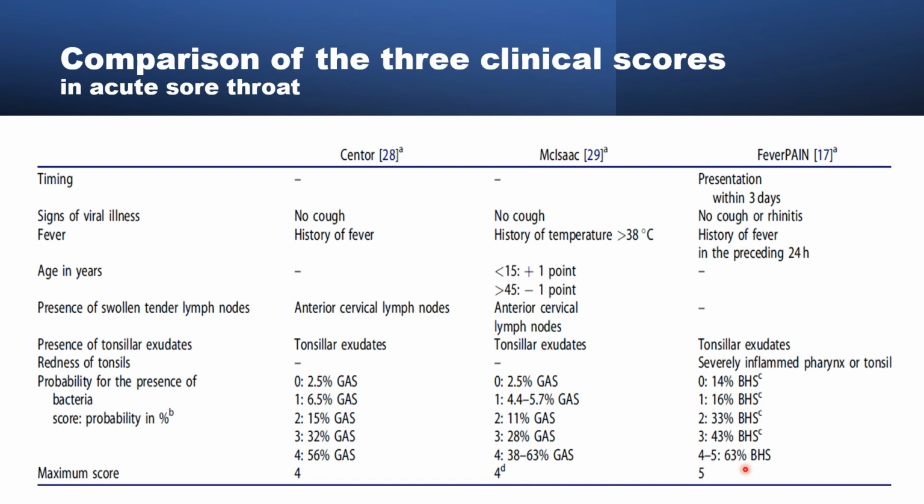This would be the maximum. So there will always be a chance of missing maybe somewhere between 40 or 50% of the patients infected with group A beta hemolytic strep, even with the highest possible score of the three different scoring systems.